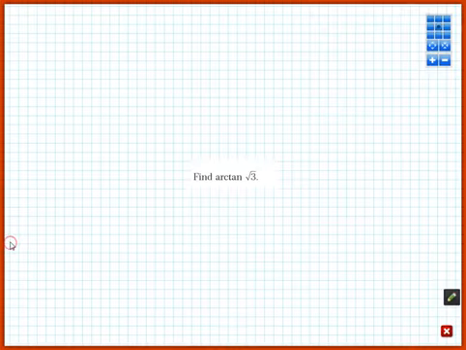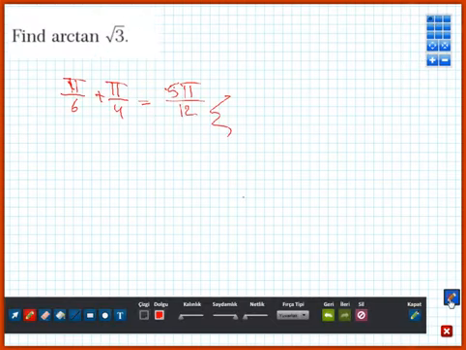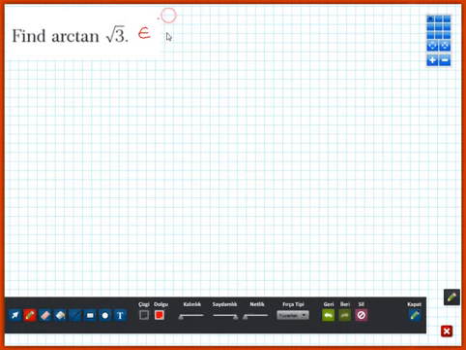Look at this example. The question is, we have to find the angle between minus pi over 2 and pi over 2 for which tangent will be root 3.